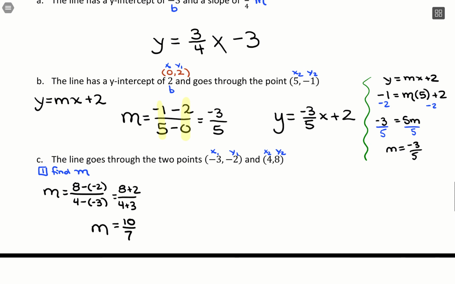So then what that does is it gives us a structure. So what we can do is plug it in so that we can see we have y equals 10/7 x plus b. So then we can see the structure, and then what we'd want to do in our next step is plug in one point and solve for b.